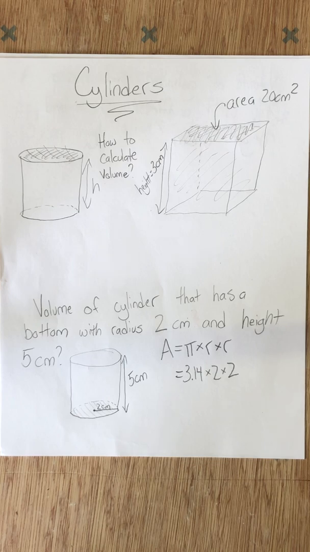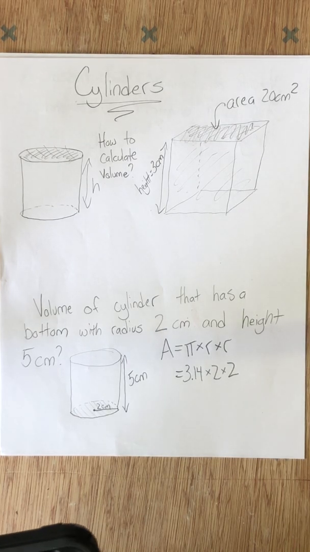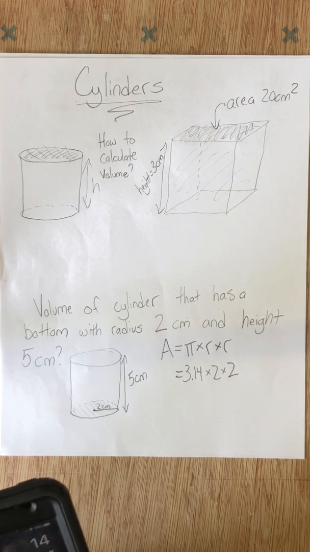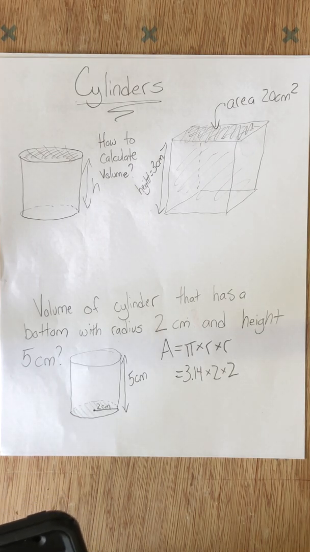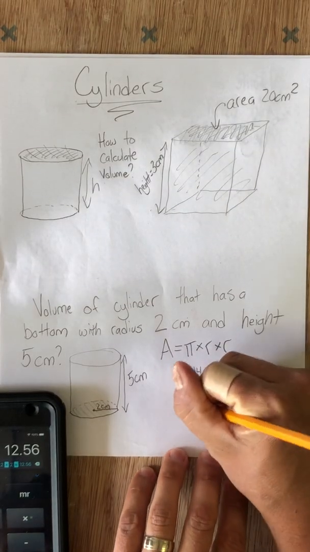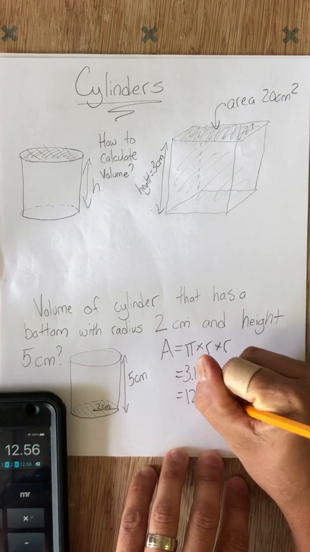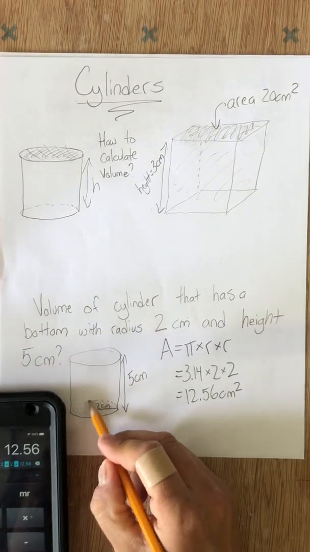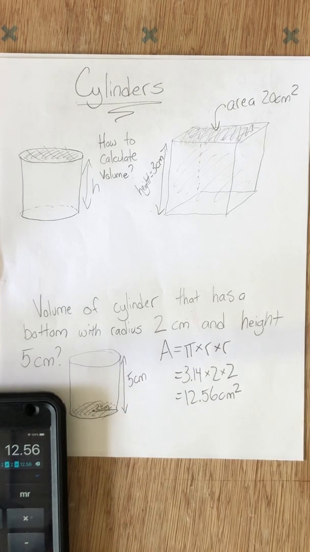Okay, I'm going to grab my calculator here. 3.14 times 2 times 2 equals 12.56 centimeters squared. Okay, so that's the area of my base.